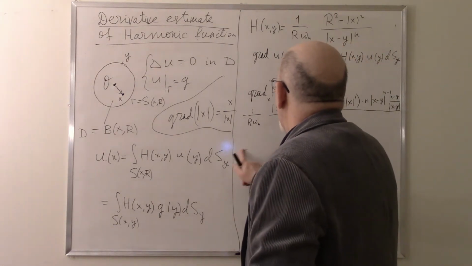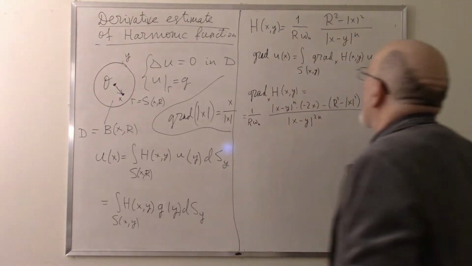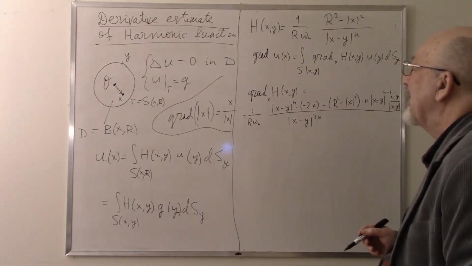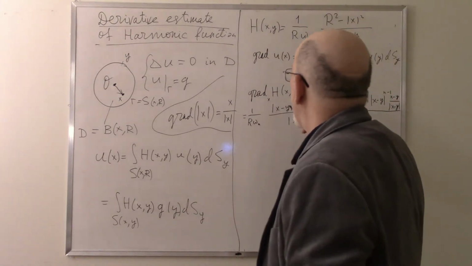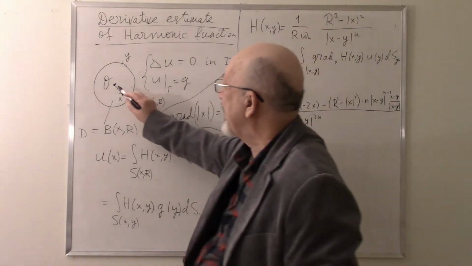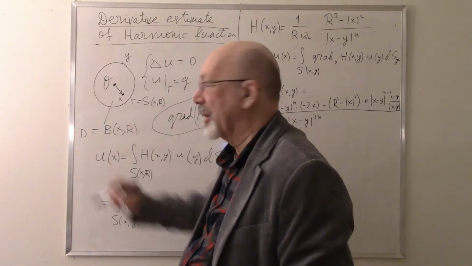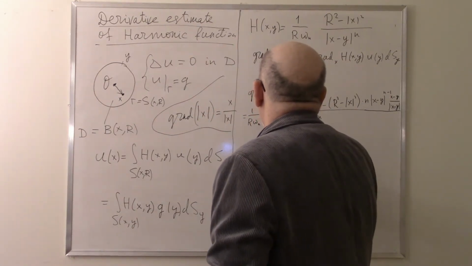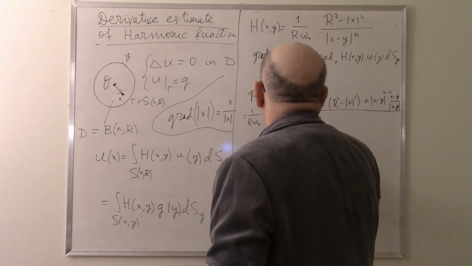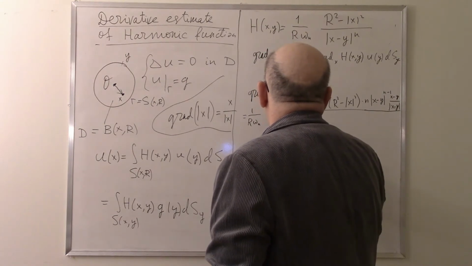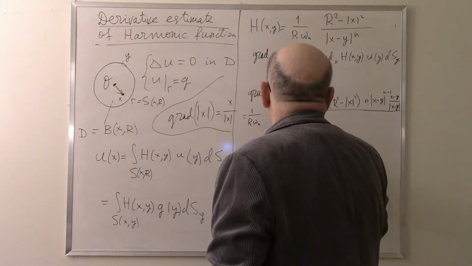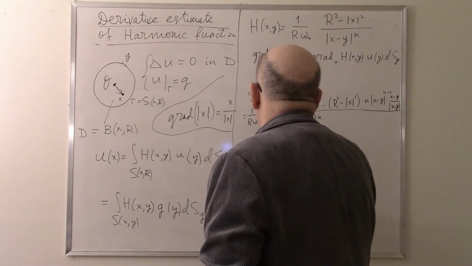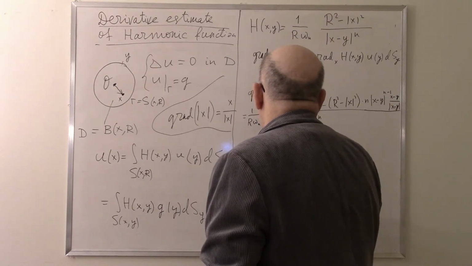Okay, so now, to make it simpler, let us find it when x is 0, so at the center. The gradient with respect to x of h(0, y) equals 1 over r omega n.